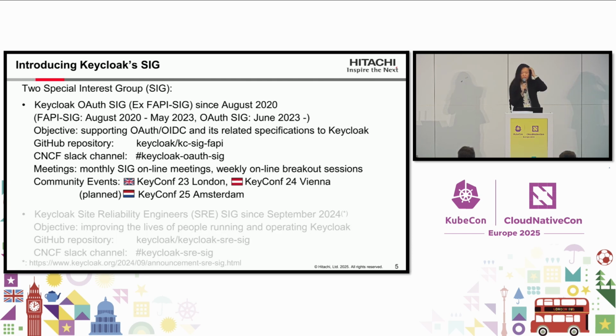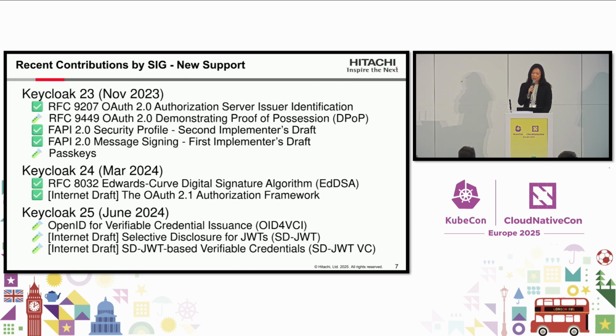So in the part of this talk I just mentioned, I'd like to talk about the Keycloak recent security and future updates. This slide shows the recent contributions by the community OAuth SIG.